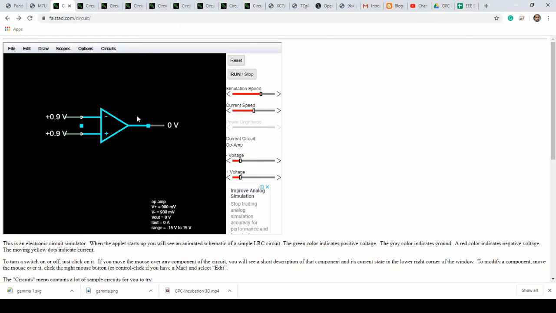I have two inputs, your inverting and non-inverting, and your output. If the difference between the two inputs is equal to 0, the output is 0. If the non-inverting input is increased, the output goes positive. If it goes lower, the output becomes negative. How are this negative 15 and positive 15 coming in?